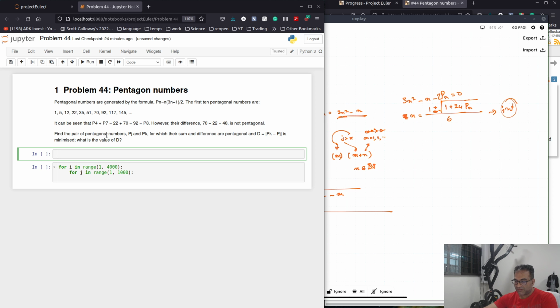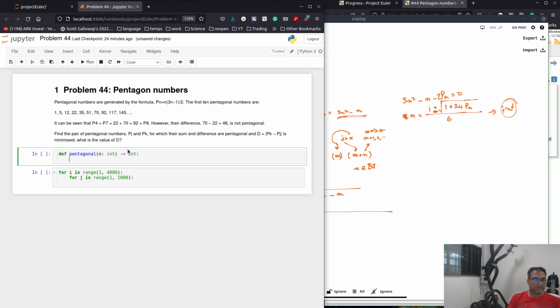Given an integer, it will return a pentagonal number. So def pentagonal, it will take an integer number and it's going to return an integer.